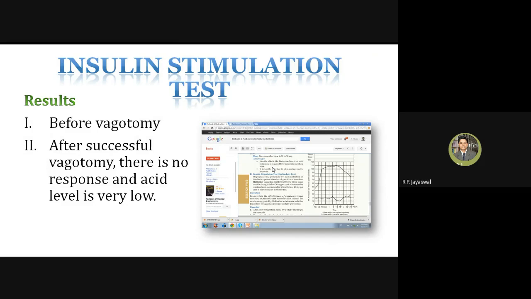Therefore, we inject insulin. This is the principle of the test: insulin decreases the blood glucose level, and the decrease in blood glucose level can stimulate gastric acid secretion, right? And this is the result which we can see before vagotomy and after successful vagotomy, there is no response and acid level is very low.